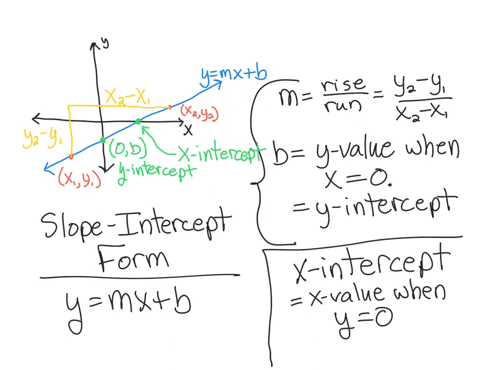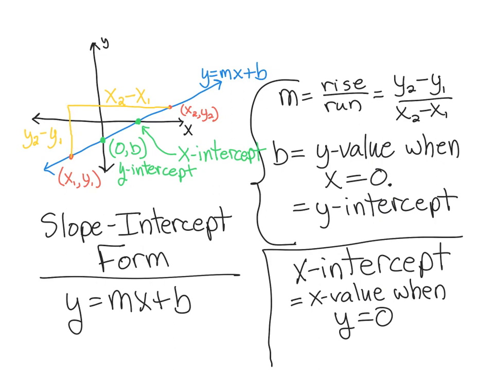Now, from one point to the other, notice that I labeled this as point 1 and this is point 2. It doesn't matter. It's your choice which point is 1 and which one is 2. So notice that if I'm going from here to here, I had to rise this much. If I take this y value minus this y value, I get the difference in the y values.